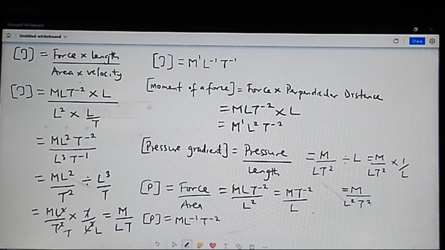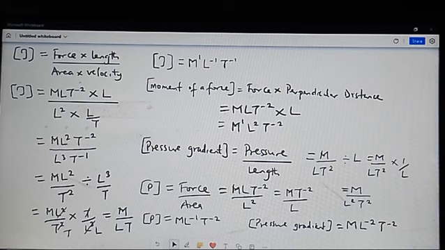So the dimension for pressure gradient is equal to M L to the power minus 2 T to the power minus 2. So that is the dimension for pressure gradient.